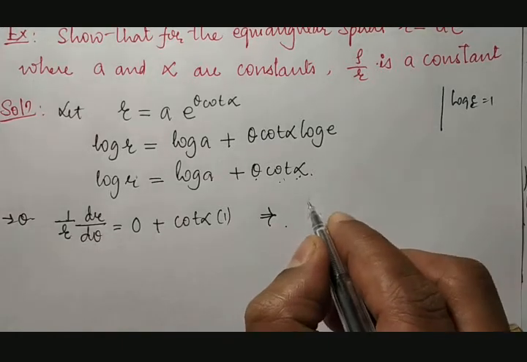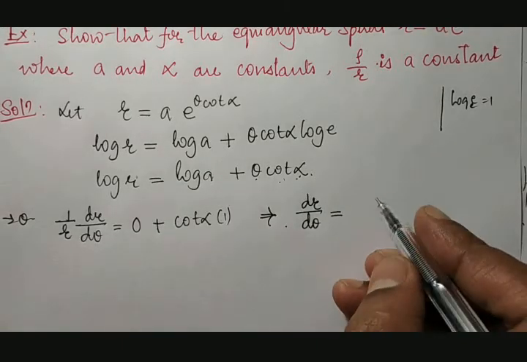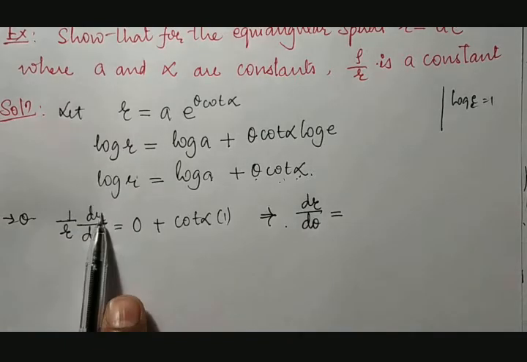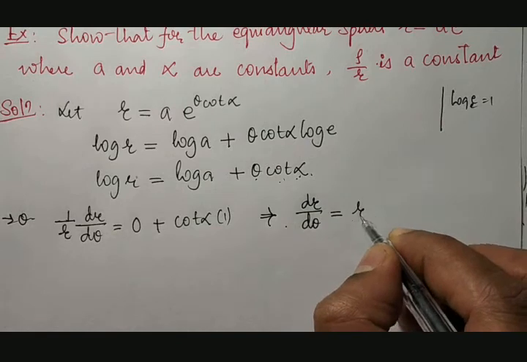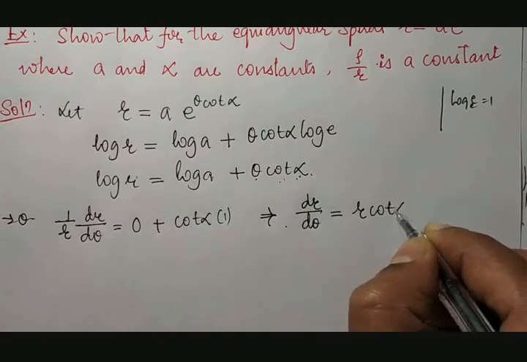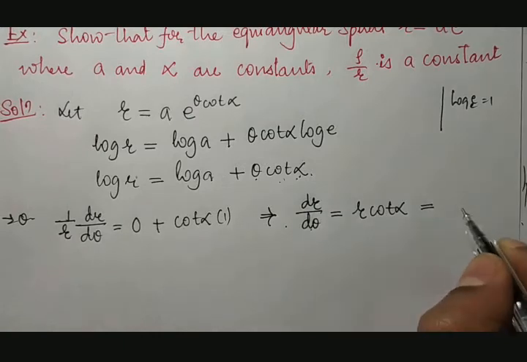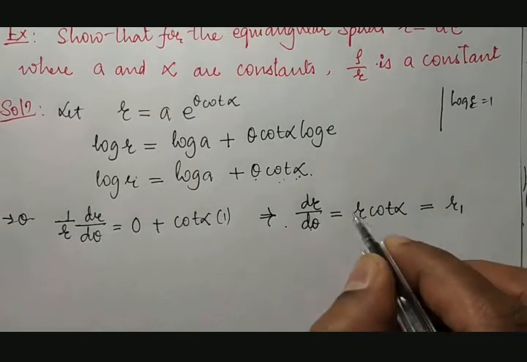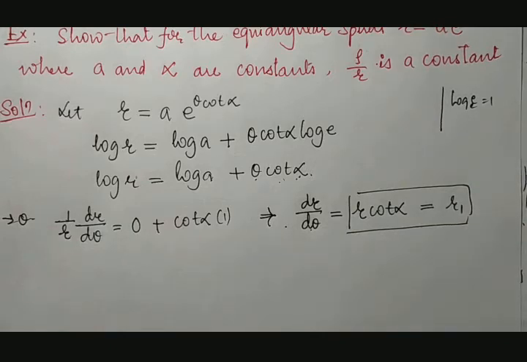Therefore, what is dr by d theta now? dr by d theta is equal to r into cot alpha. But we will be taking this dr by d theta as r1. Therefore, we got r1. r1 is equal to r into cot alpha.